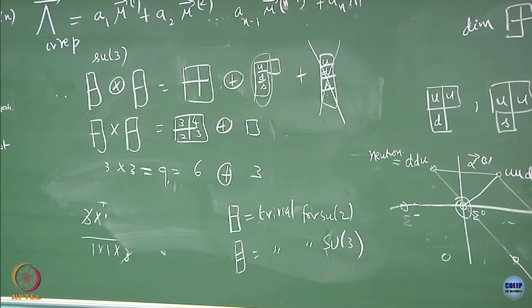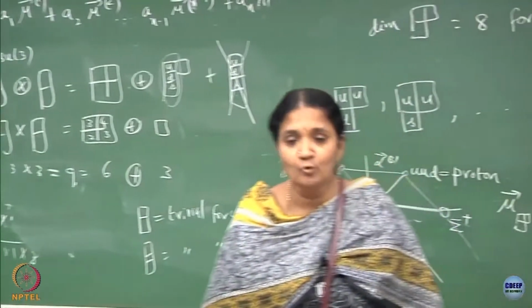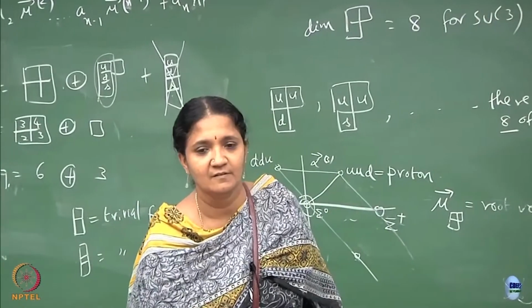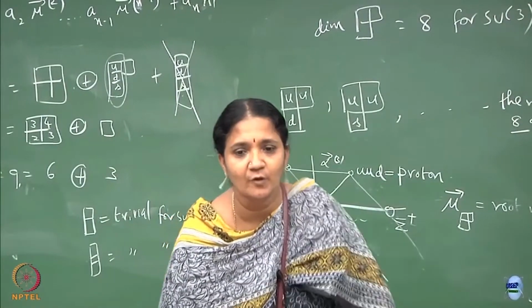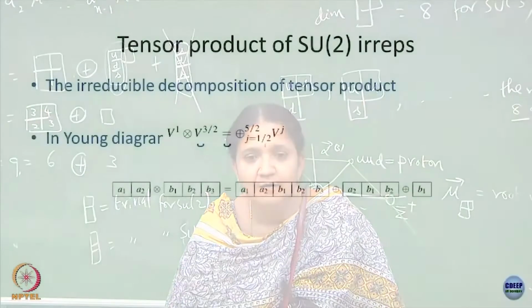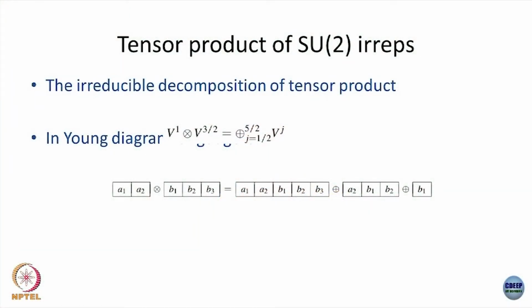So that is what I have done on the screen: I have removed those trivial representations and written the Young diagram. Going back to the screen, you see that spin 1 is a 2 box, spin 3 by 2 is a 3 box. You take the product keeping track of things. Whenever I have a vertical 2 box, I can ignore it. A vertical 3 box is not allowed, okay, for SU2, doing it for SU2.